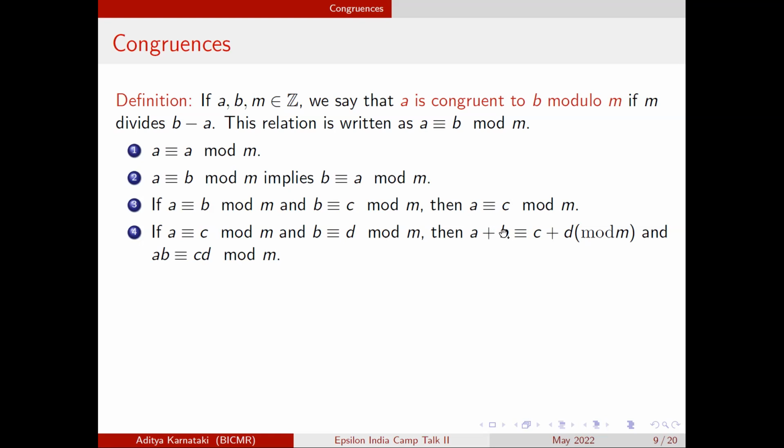And the third statement is that if A is congruent to B mod M and B is congruent to C mod M, then of course A is congruent to C mod M, because you can have B minus A plus C minus B is C minus A. And the fourth is again simple: if A is congruent to C mod M and B is congruent to D mod M, then you can add the two sides and you can take products as well.